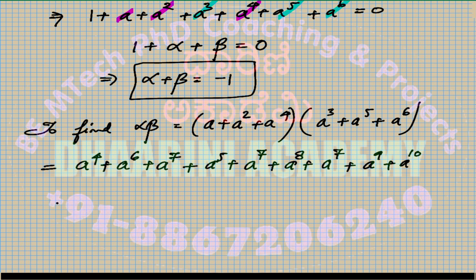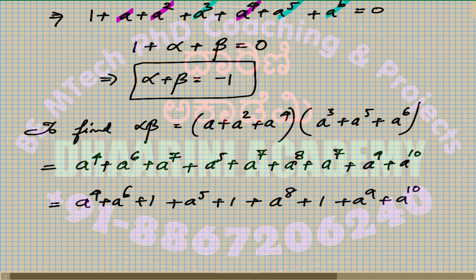So this is equal to a to the 4 plus a to the 6 plus 1 plus a to the 5 plus 1 plus a to the 8 plus 1 plus a to the 9 plus a to the 10. Wherever possible you try to extract the a to the 7 and replace it as 1. So I already have 3 with me.